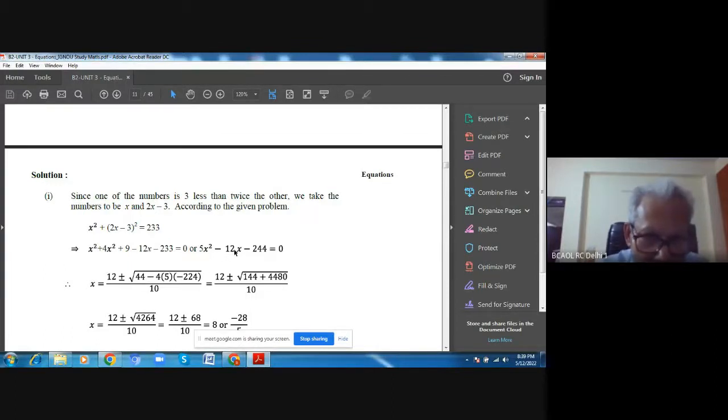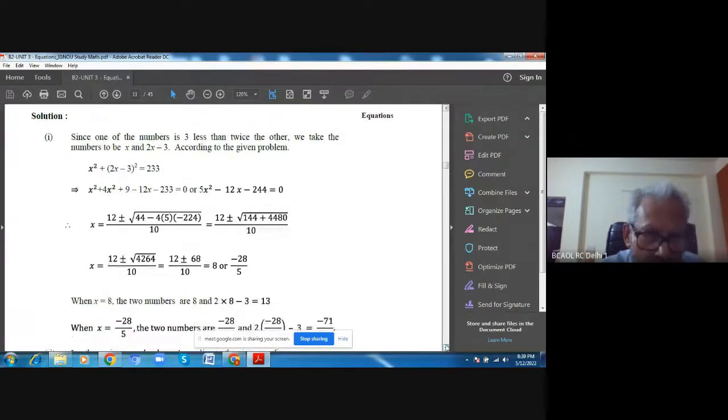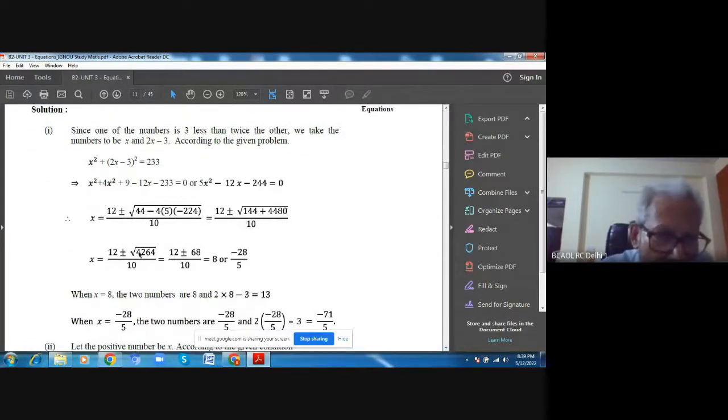So it is very easy. Now everything is here. You can take it from here and put it here. So see how it is finally written. x is equal to 12 plus or minus, then you can calculate by 10, and finally it is coming 8 or minus, because plus minus.